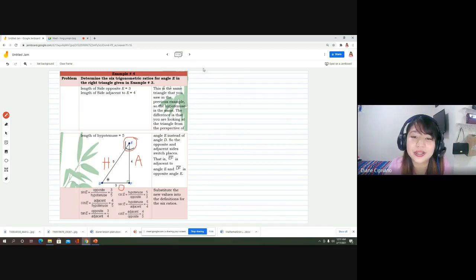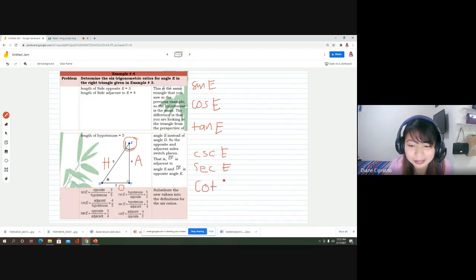So getting its 6 trigonometric functions, we have here sine E, cosine E, and then tan E. And its reciprocals, the cosecant E, the secant E, and then the cotangent E. Okay, so we got it right.